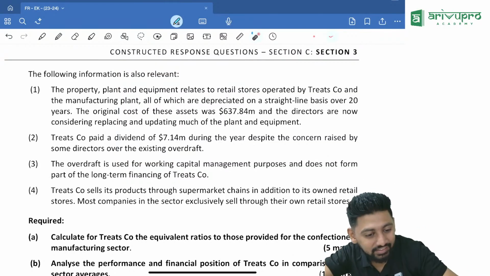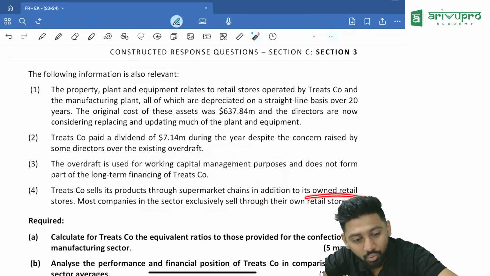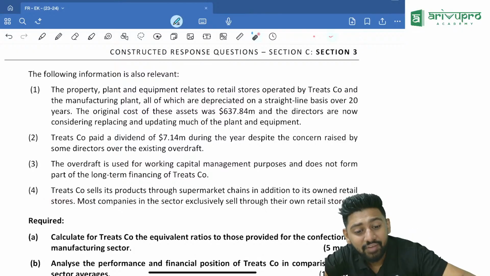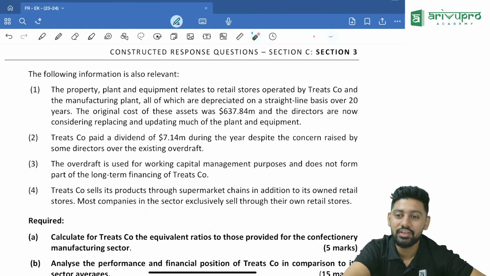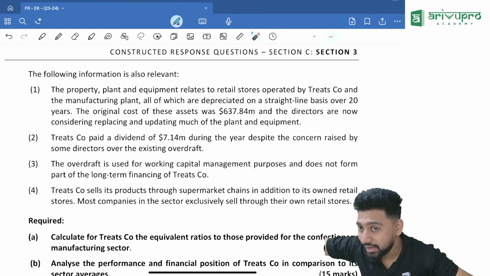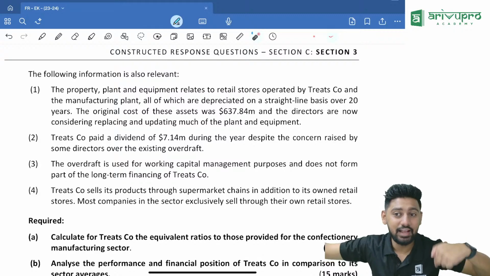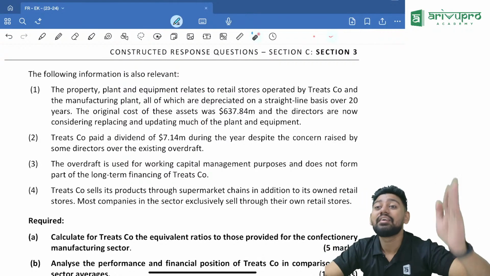So basically, Trade sells to supermarkets in addition to its own retail stores. Most of my sector exclusively sells through retail stores. Exactly, they're getting more profit, more margin than me. Meaning what?